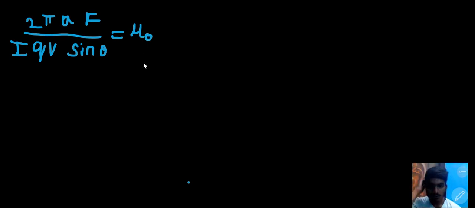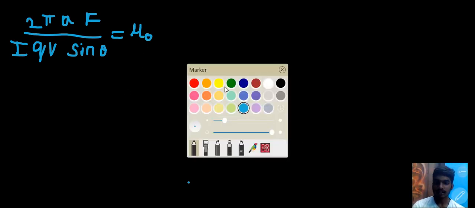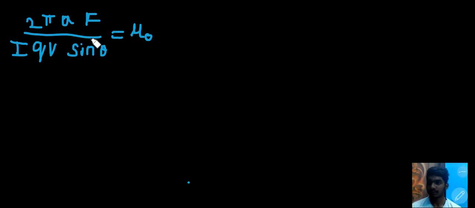Now we are going to find the dimension from here. We know that 2 pi is a constant, so it is dimensionless, and the angle sine theta is also dimensionless, they don't have dimension. a is distance.